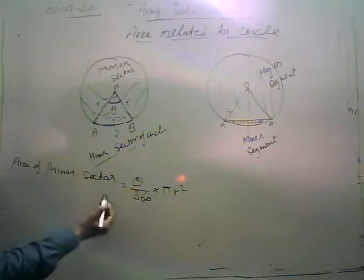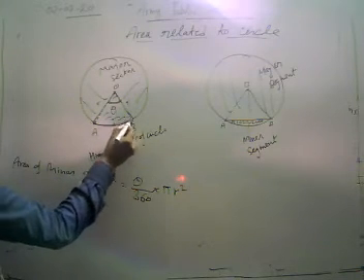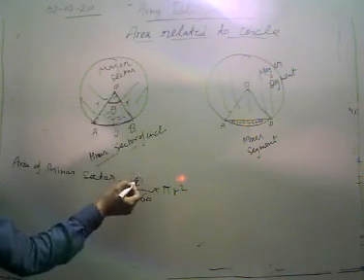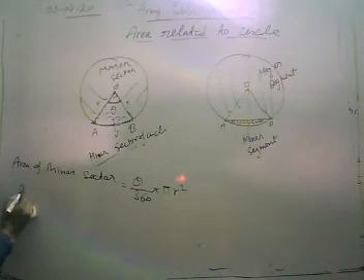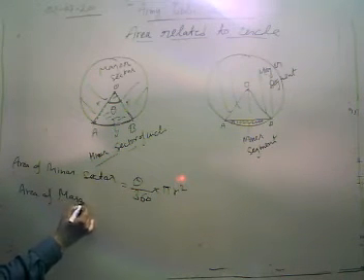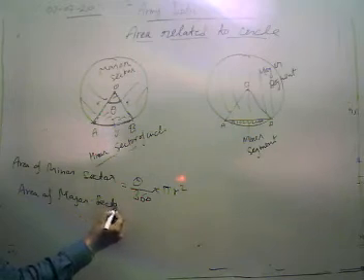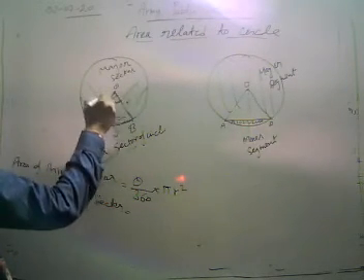To find the area of the minor sector, we take the angle that the arc AB makes at the center, theta, so theta upon 360 into pi r square. Now to find the area of the major sector, this region, what is this angle?